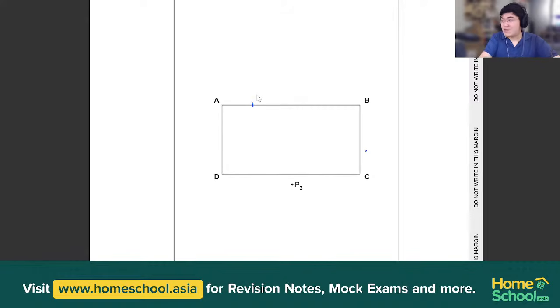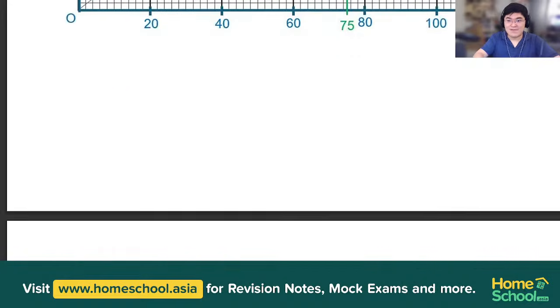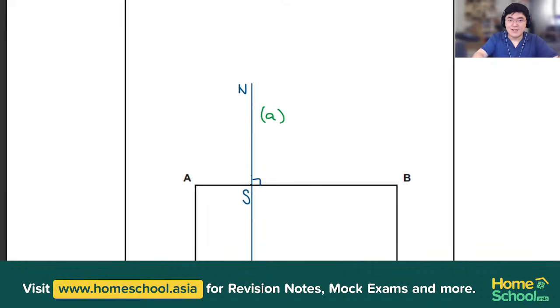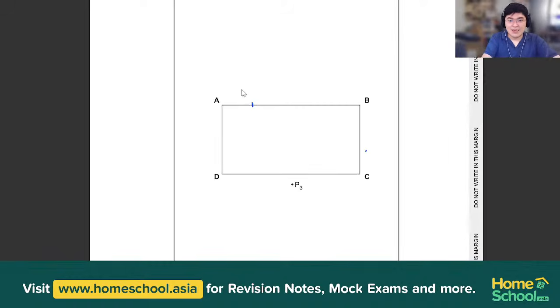Let me just find the diagram that I have already done beforehand. So let's say 2 cm as you measured with your pen and your ruler, you measured it 2 cm to be about here, this point here.